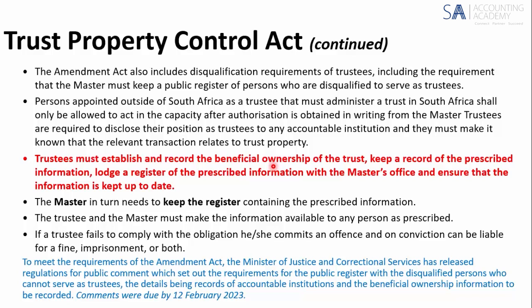They've got to keep a record of the prescribed information, lodge a register of the prescribed information with the master's office, and ensure that that information is kept up to date. It's quite a tall order, especially the first time that we do this.